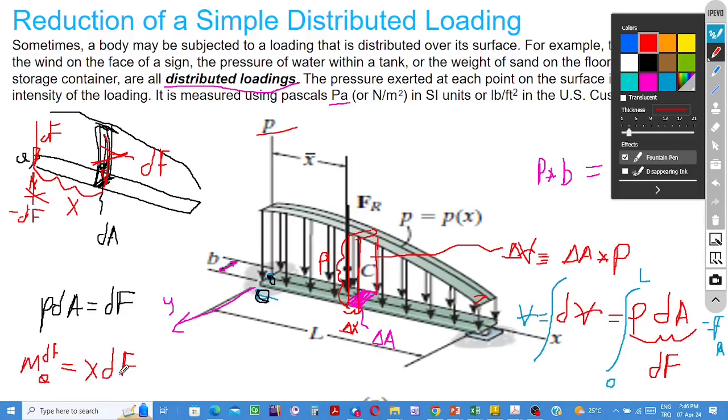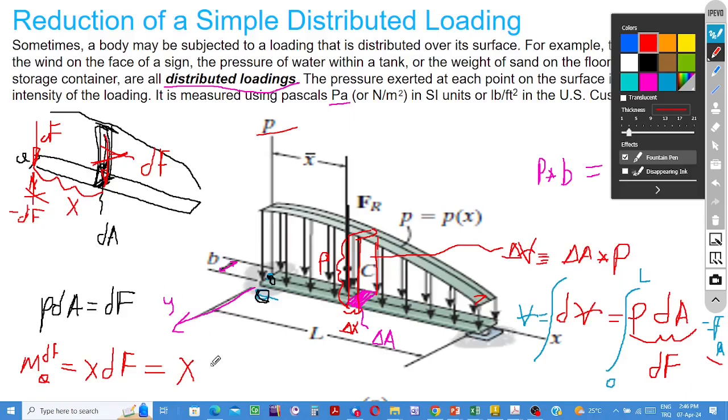This is the moment of one of the forces, but under the load curve, we have an infinite number of prisms, in other words, an infinite number of tiny differential forces. Adding the forces up, we obtain the resultant force. Actually, x times dF is related to the volume under the load diagram.